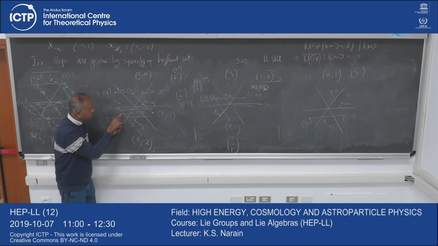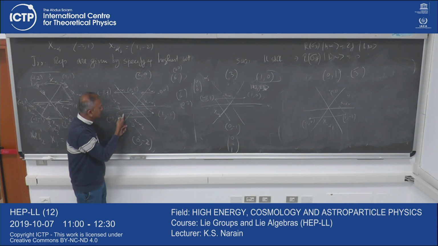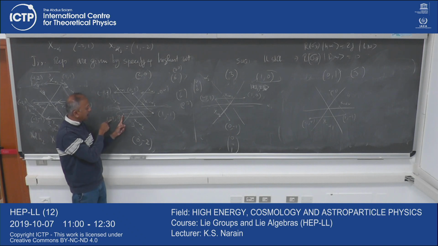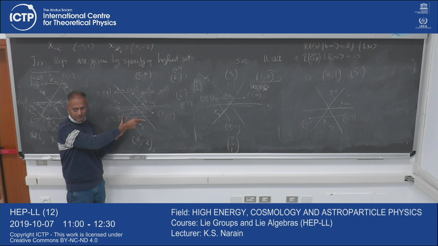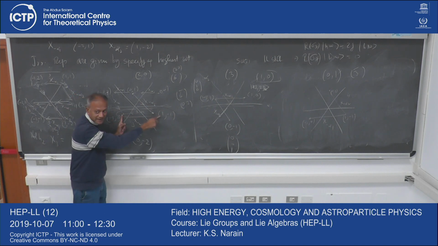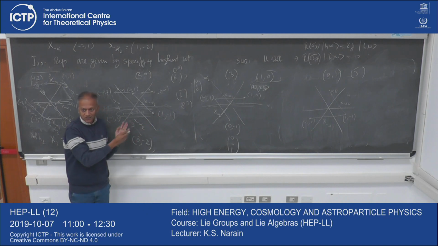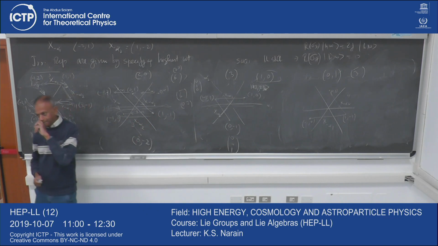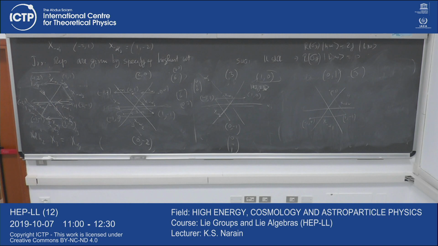Supposing that these two states were independent, there were two states, then there is no pairing. These two states, both of them have minus half quantum number with respect to this SU2. Then I should be able to apply raising operators, right? But how is it possible that when I apply the raising operator, I get the same state here? So it has to be the equal number.